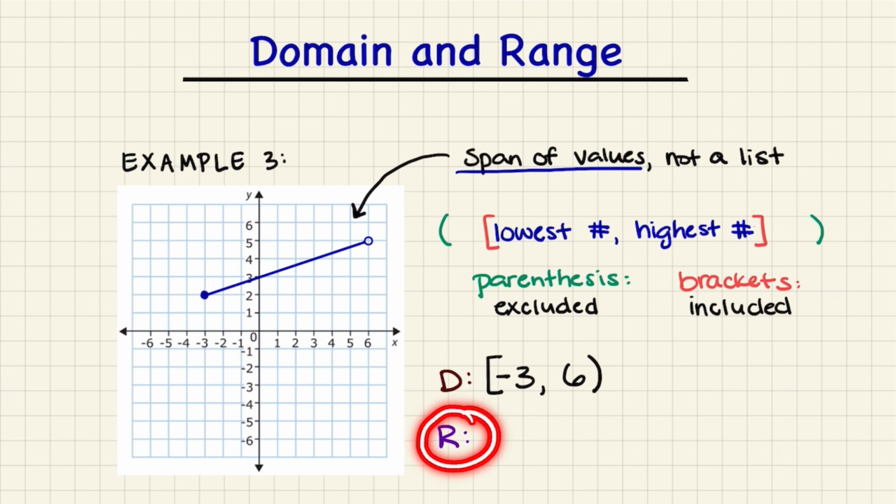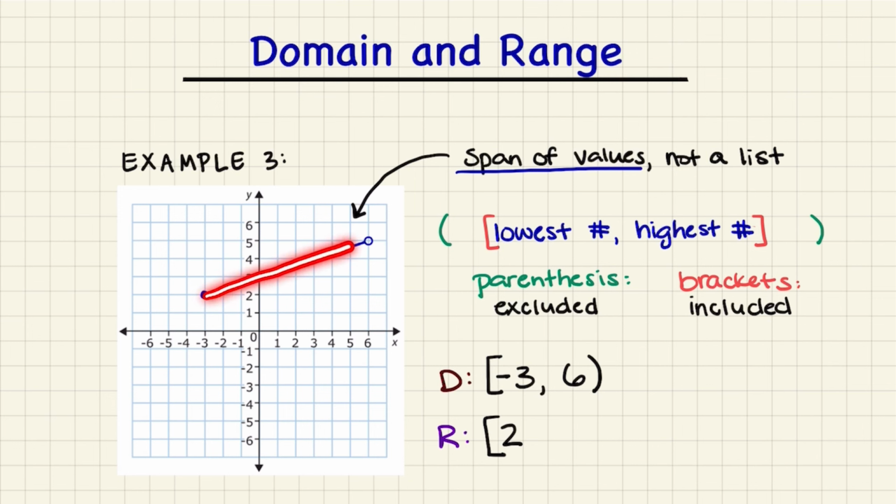Now let's look at range. So we're going to look at the y values now. The lowest y value is at 2. So we put our 2 first, and it's a closed circle. So the 2 is included, which means another bracket.